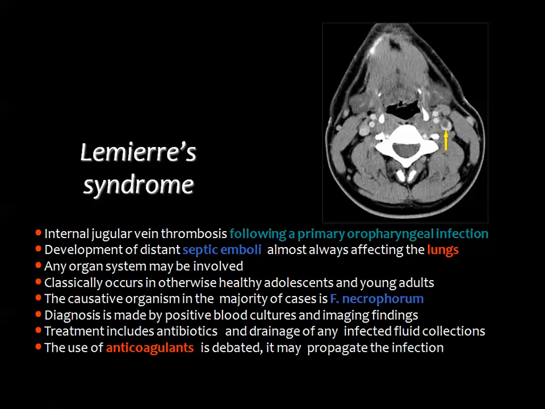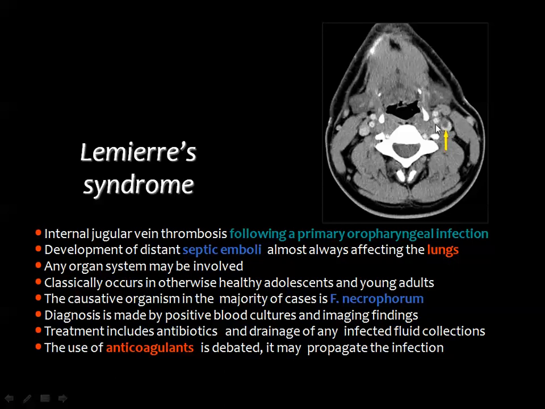We came to an important issue which is known as Lemierre syndrome, and this is an inflammatory thrombosis of the internal jugular vein. And you see, this is the region of the carotid sheath.